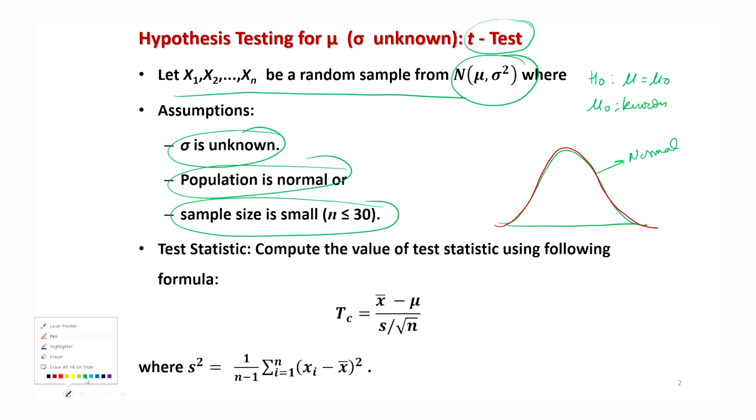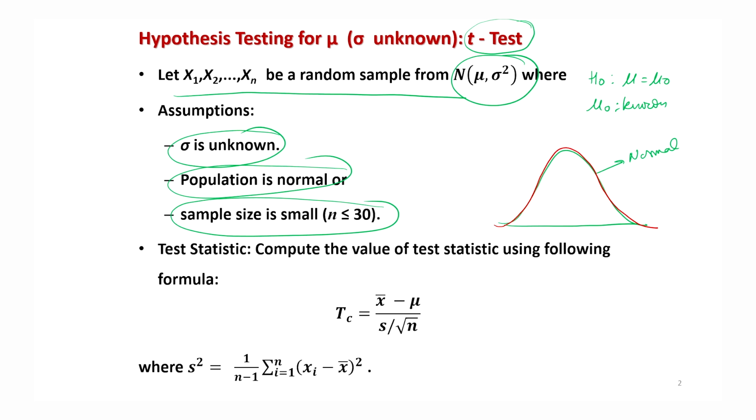That is why when you have a small sample, we prefer this t-test, and the difference comes only when you are finding the critical value, whether it has to be found using the normal probability or the t probability. When n is greater than 30, whether you find the probability from a normal(0,1) or from the t distribution, both will come out to be the same value. That is why in statistics we sometimes define n less than or equal to 30 as a small sample size and more than 30 as a large sample size. But now this concept has changed because of big data and other things.